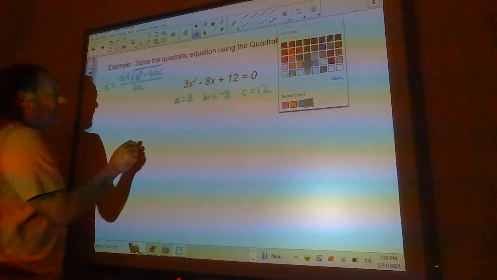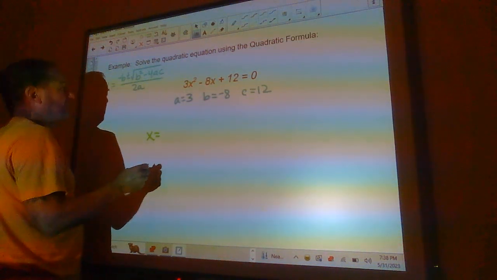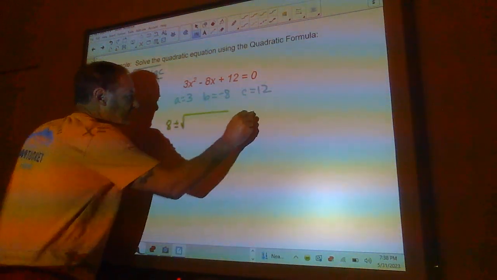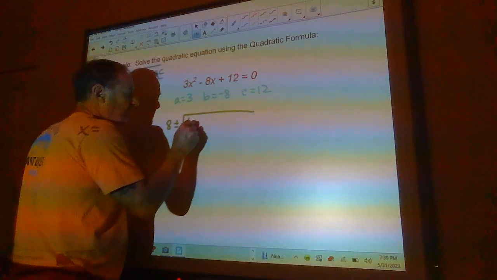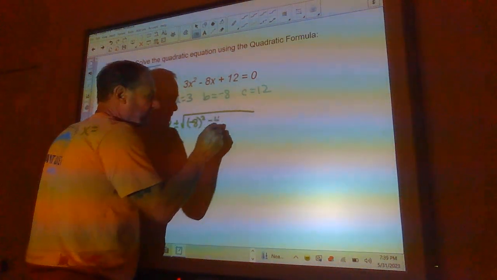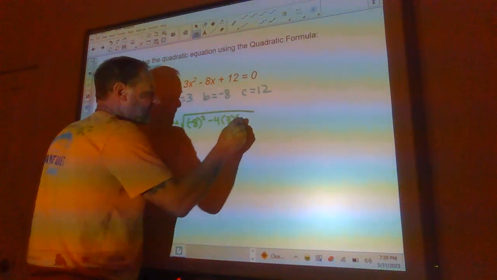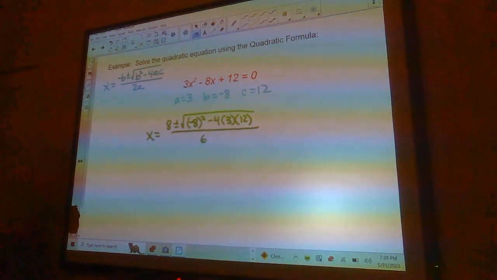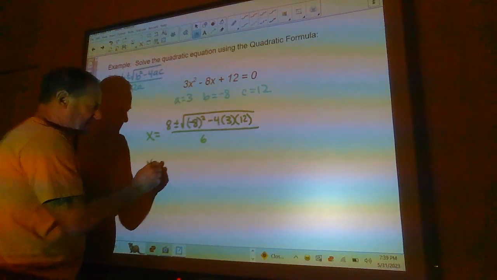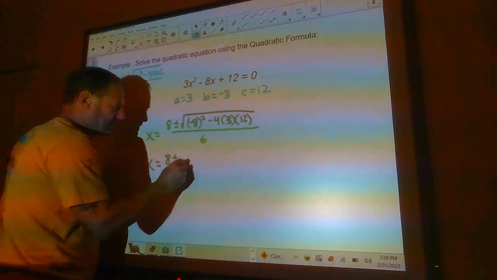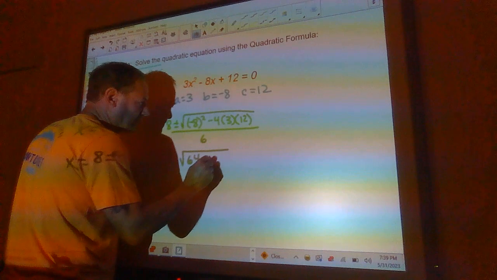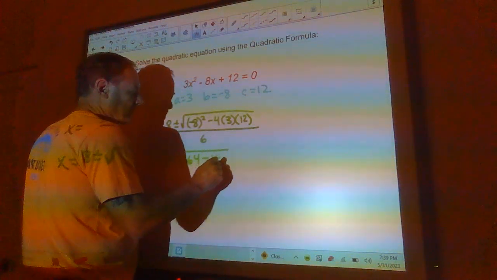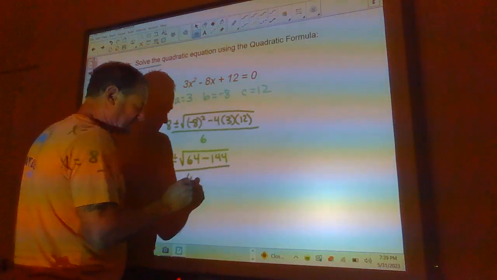Okay, so let's do this thing. So x is going to equal negative b. Well, b is already negative, so it's going to be positive now. Plus or minus the square root of b squared minus 4ac all over 2a would be 6. Okay, so x is going to equal 8 plus or minus the square root of 64 minus 144 all over 6.